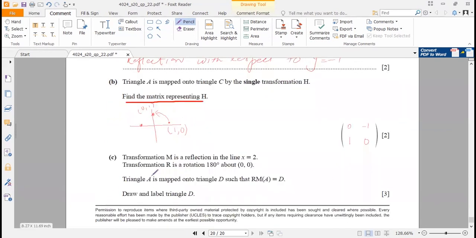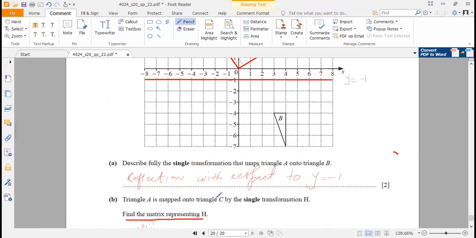Now come to part C. Transformation M is a reflection in the line x equals 2. Transformation R is a rotation of 180 degrees about 0, 0. Triangle A is mapped onto triangle D, a new triangle that we have to construct using these 2 transformations and label.